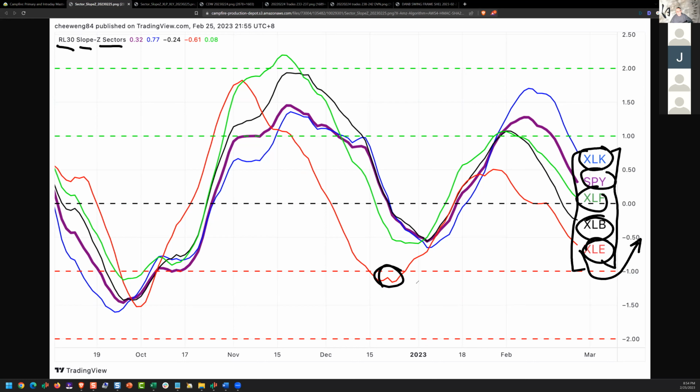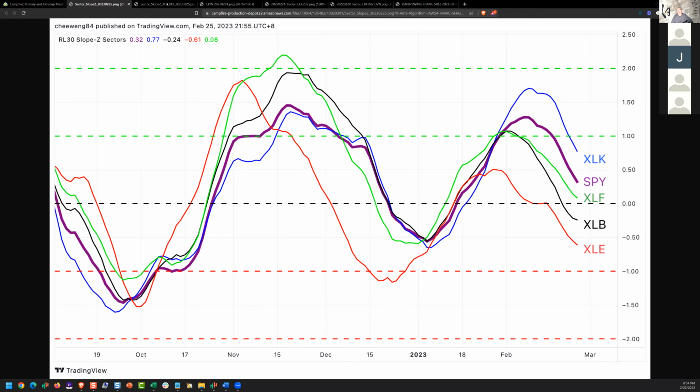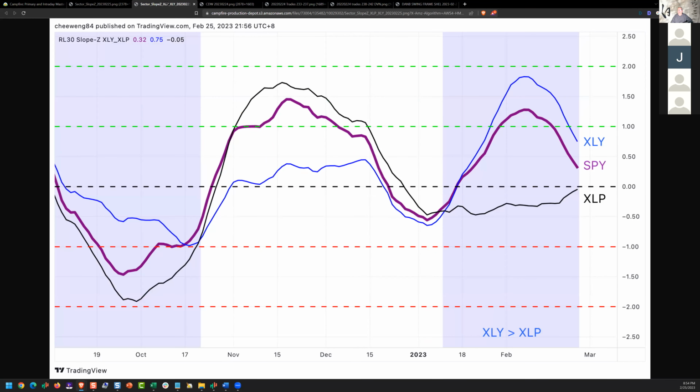I'm looking for that to turn next, because just like here, energy turned first the last time, and made that strong move. So I'm looking for energy to recover. So we are in defensive mode right now, and the only thing that's working to the upside is that actually staples began to look a little better.